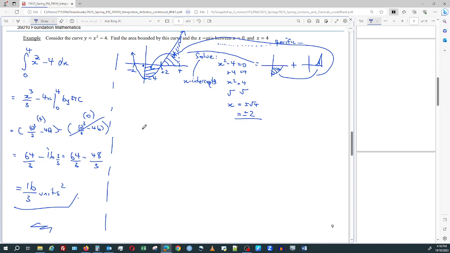Now, the other thing we can do, of course, is we can just do the integral of this part, 0 to 2, for our function. Okay, and then we can sum that with the integral of the second part, which was from 2 to 4. So we can do two sets. Let's see what that looks like, up and under.